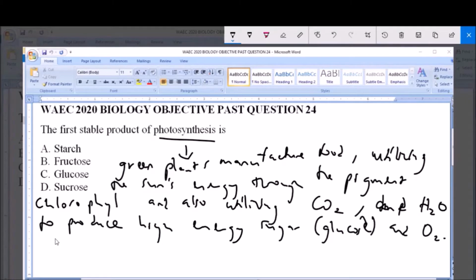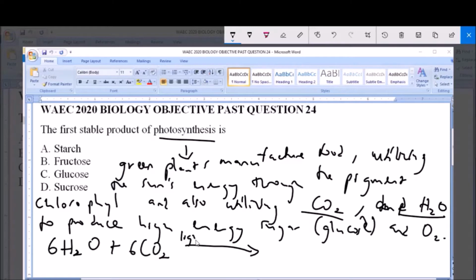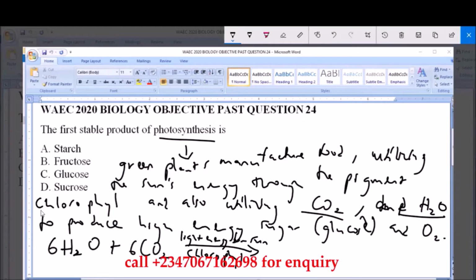Now, the summary of the reaction looks something like this. Like we said, it utilizes water and CO2. So water and 6 molecules of carbon dioxide in the presence of light energy from the sun, and using the pigment chlorophyll, as we have stated.